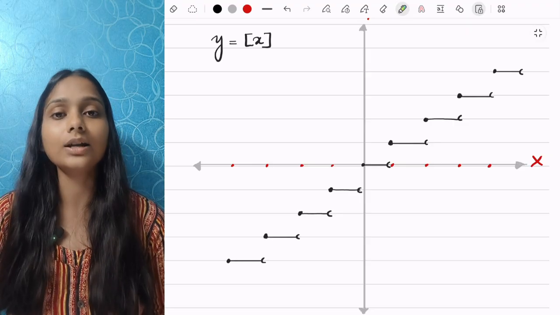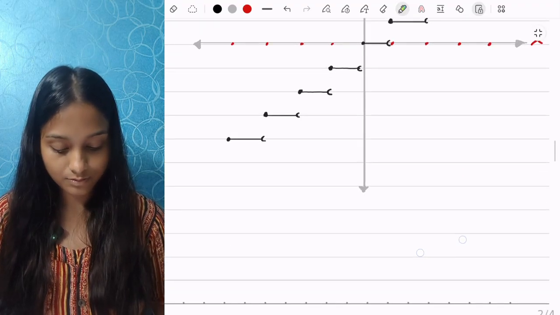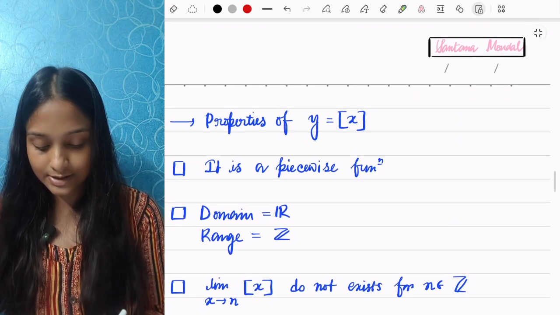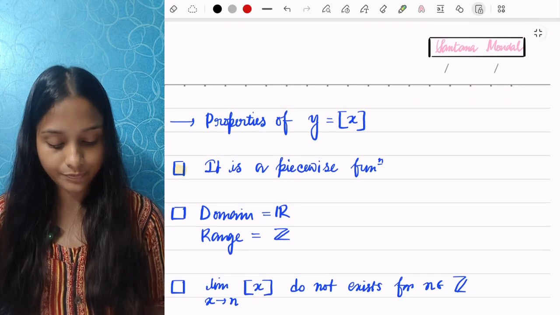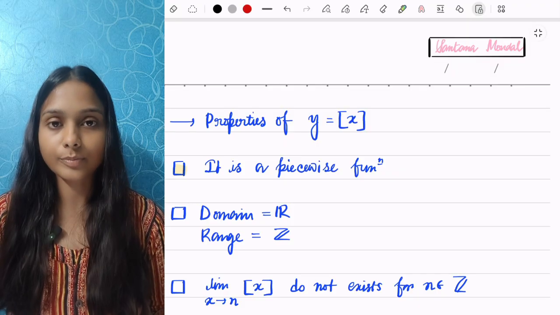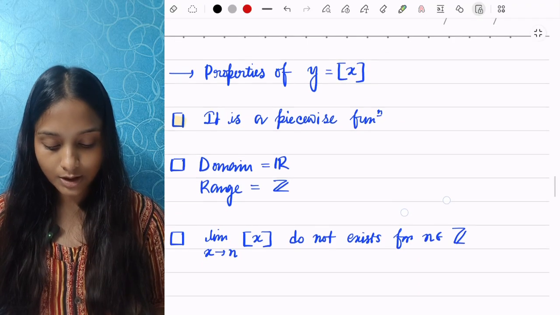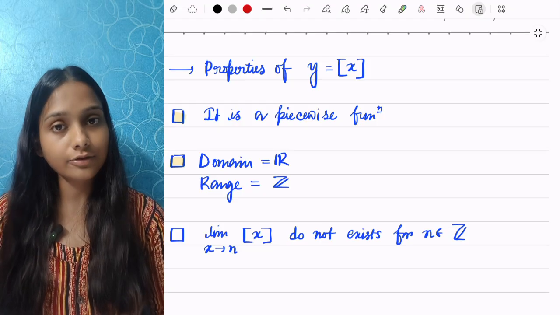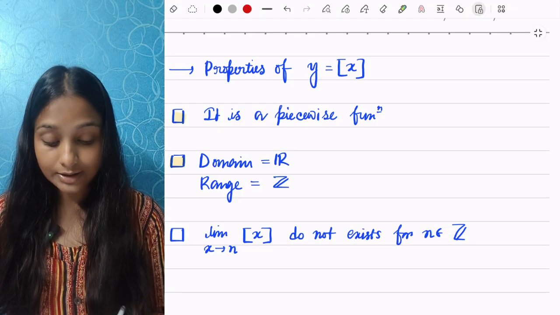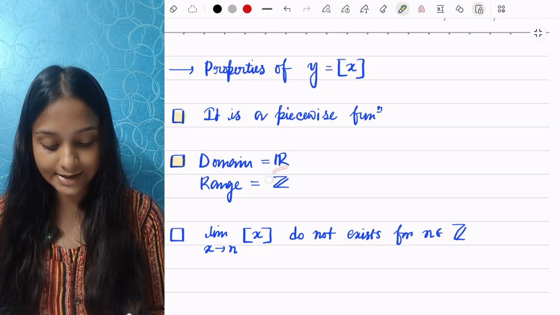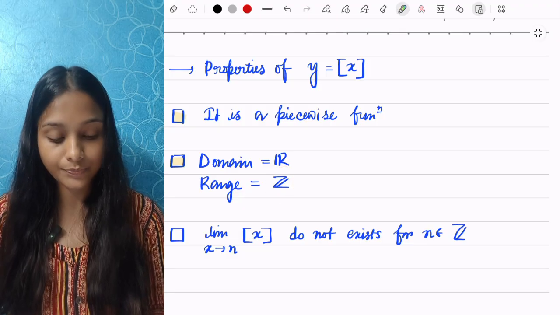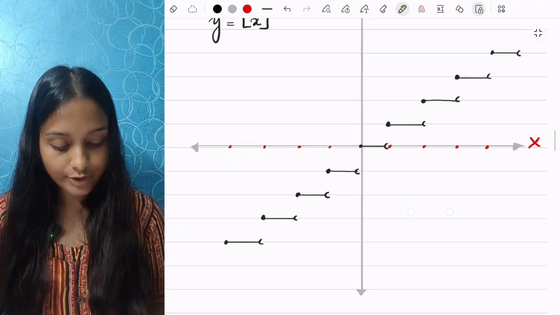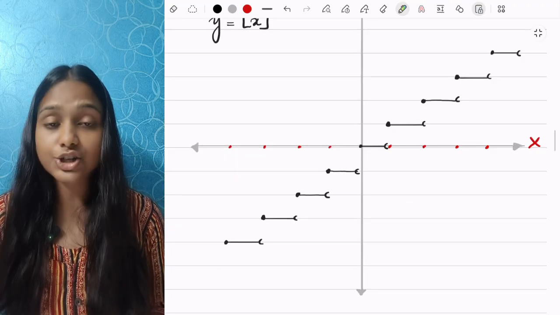Now let us understand its properties. So obviously it is a piecewise function. It is obvious from the definition of the function. Next, the domain is R. So we can put any value in the input, but the range is Z, that is the set of integers. So it is evident from the graph that we are getting only integer values.